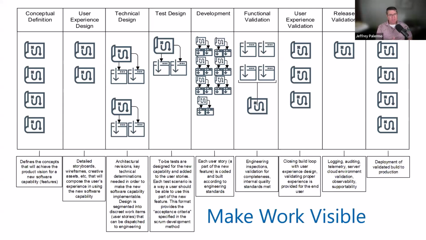So things in the concept definition column, those cards, those issues, whatever you want to call them, are business capabilities. As you flesh out the concept, you might split out some software behaviors or software features as you move it to user experience design.